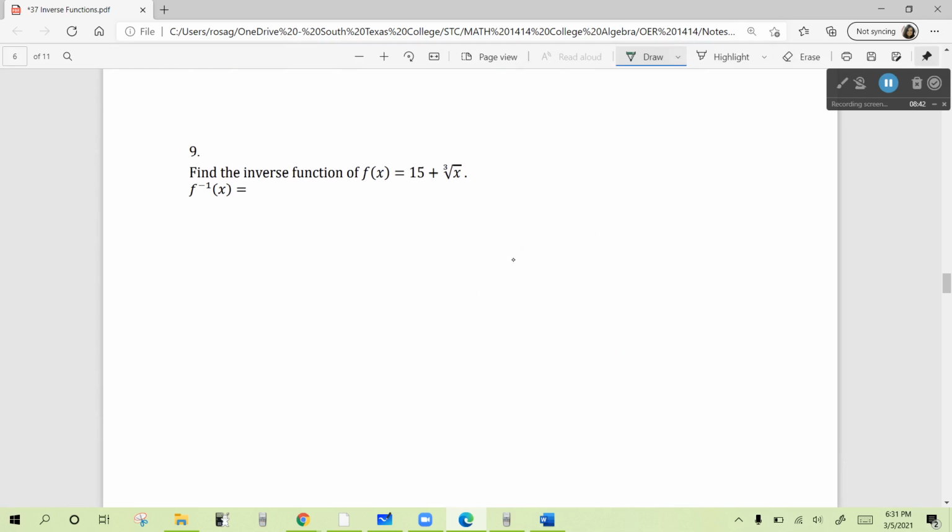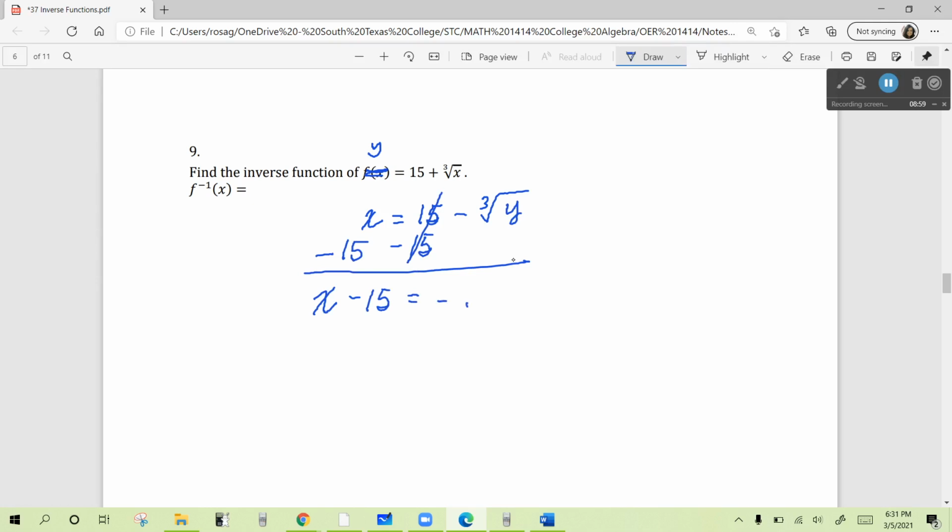For this one, x equals 15 minus the cube root of y. We're solving for y, but I'm going to move the 15 first. Then I am going to do the third power on both sides. I need to get rid of the negative first.